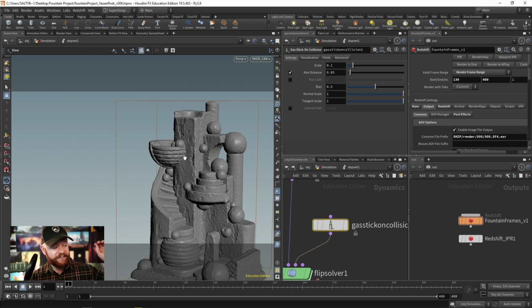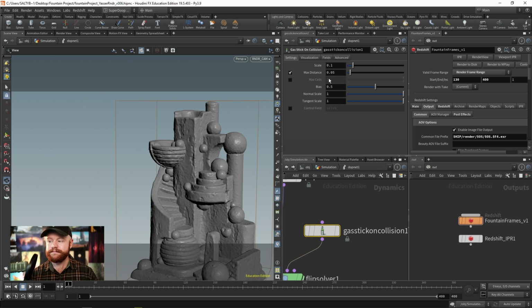So instead of building the wheel from scratch with VOPs, the wheel already exists. We just have to go through our gas nodes and magically all of our problems are solved. This is when it's really handy to know your nodes, because all of that functionality I just talked about is here in this gas stick on collision DOP.